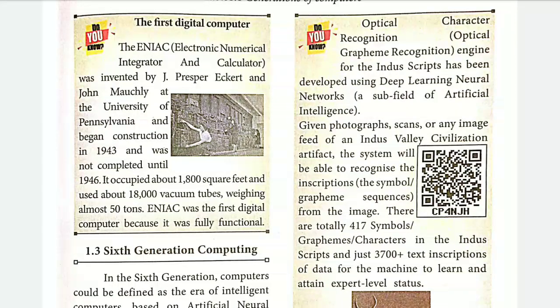Before the invention of OCR, people used to see the document and type everything just by looking at the printed document. But after this invention of OCR, you can just scan with your mobile phone's camera, and it will take the data from there and display it to you as text.